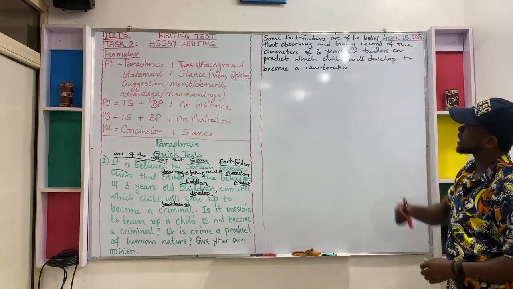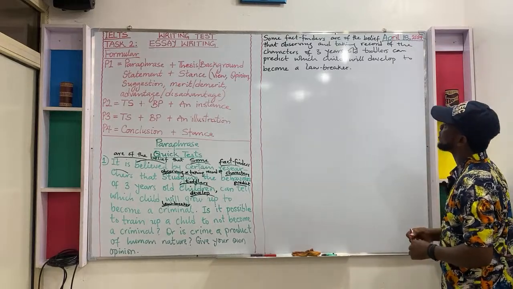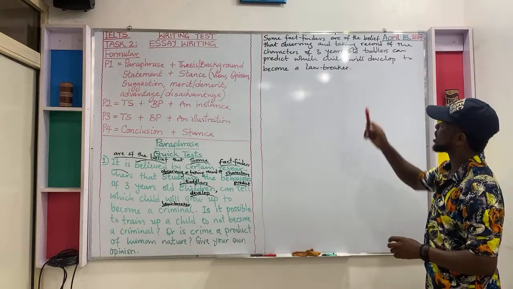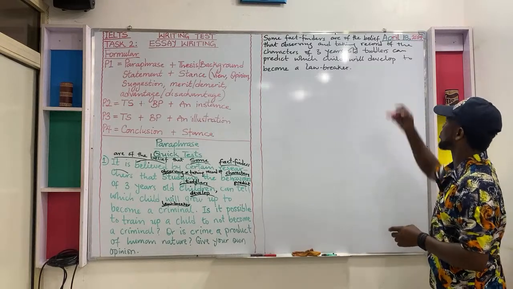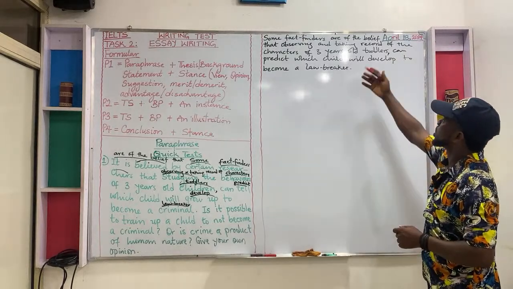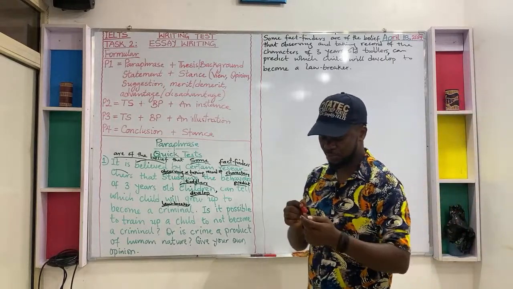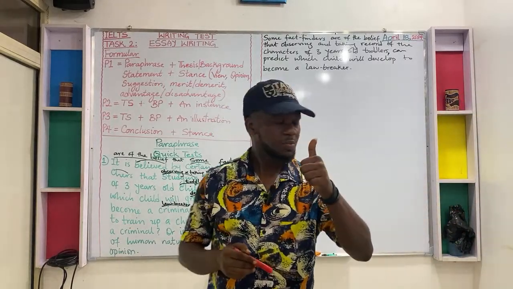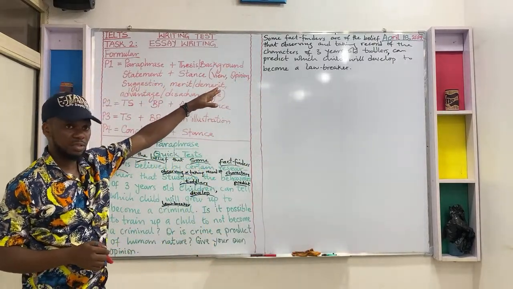So simply put, our paraphrase says, some fact finders are of the belief that observing and taking record of the characters of 3-year-old children, toddlers rather, can predict which child will develop to become a lawbreaker. You have done wonderfully if you are able to do this paraphrase.